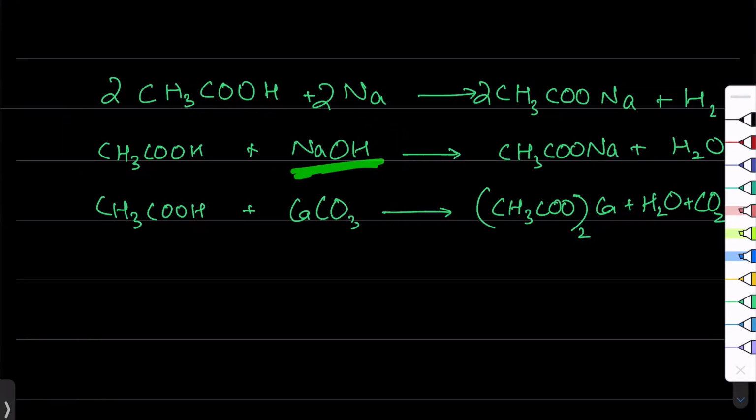You take an alkali, sodium hydroxide is a very good example, and you react it with this, it will neutralize it. And how do you do it practically? Through titration. Okay, so you take it in a conical flask, you add the indicator. We used methyl orange in class. You add the base from the burette until you see the color change, and that's when you stop. So you have neutralized it.